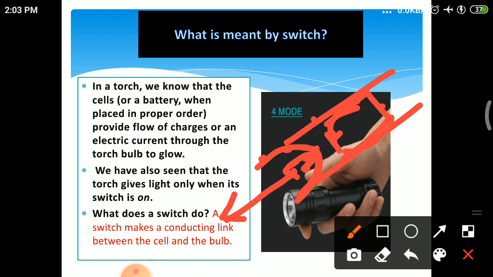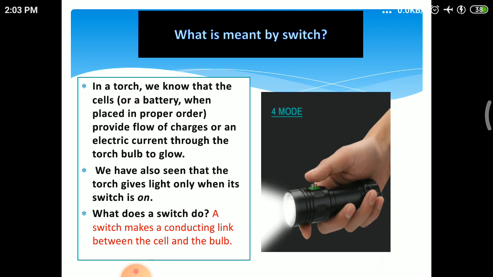We have also seen that the torch gives light only when its switch is on. In this animation it was shown that when the switch is on, the torch gives light. When the switch is off, the torch does not give light.